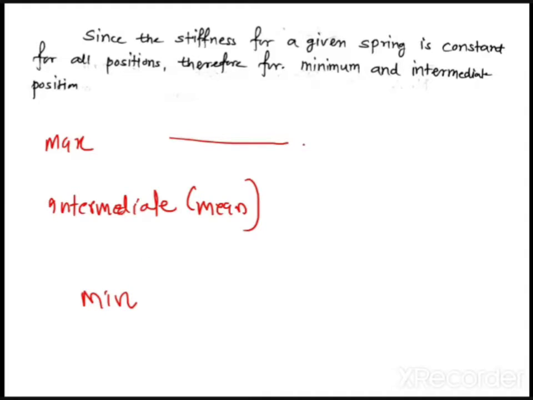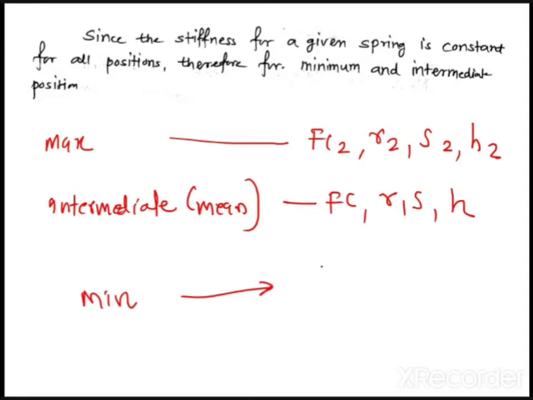Now for the maximum position, what are the notations? Centrifugal force will be Fc2, radius of rotation will be R2, spring force will be S2, height will be H2. For the intermediate position you will have Fc, R, S and H. And for the minimum position you will have Fc1, R1, S1 and H1.